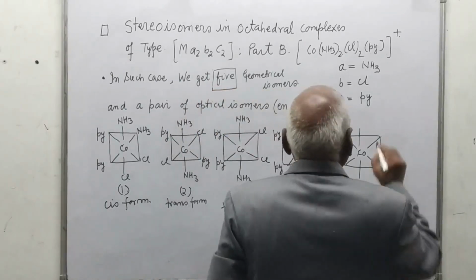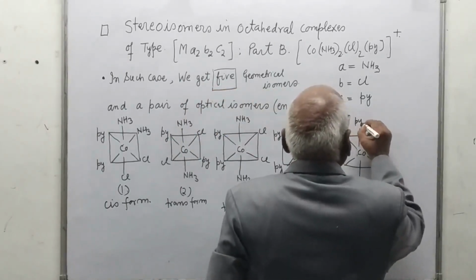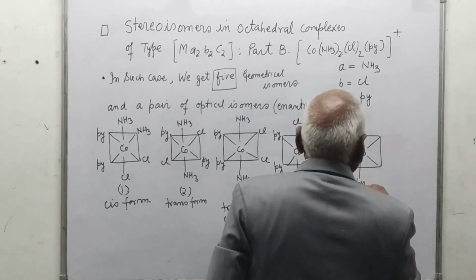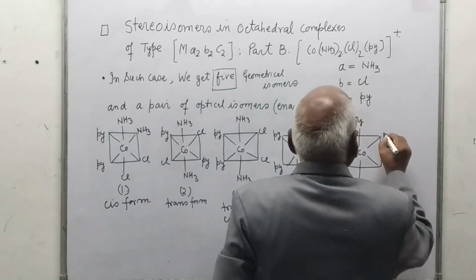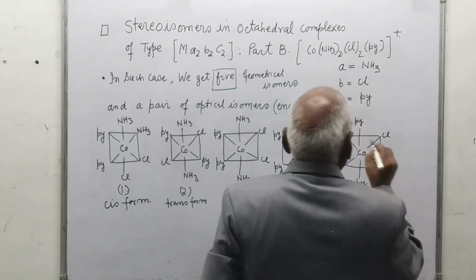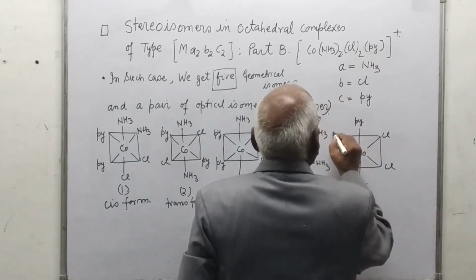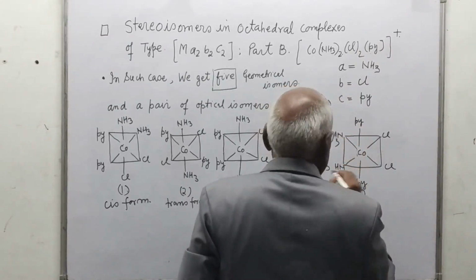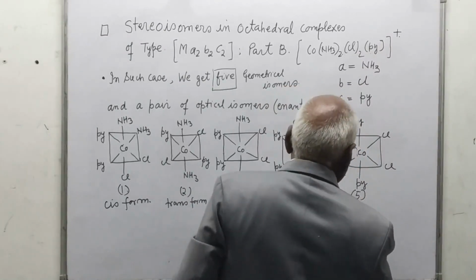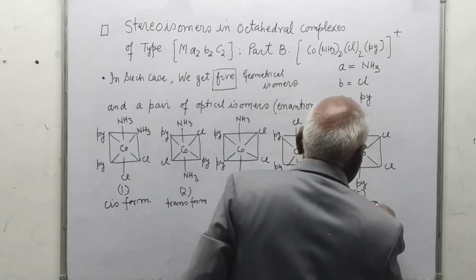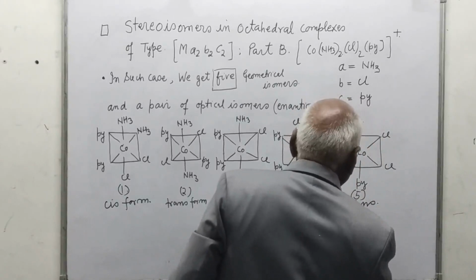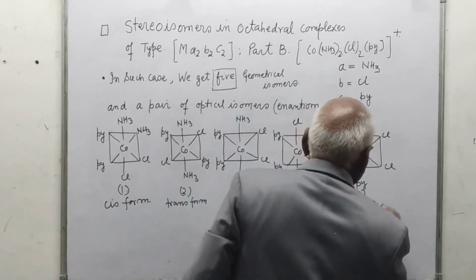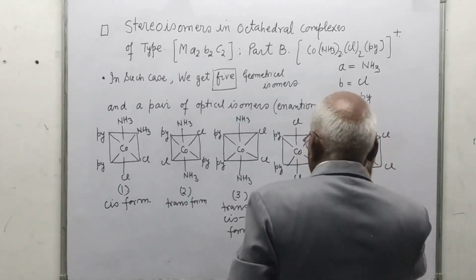Now put pyridine at the trans position, with Cl, Cl and NH3 in the cis position. So this is trans with respect to pyridine, cis with respect to Cl, Cl and ammonia.